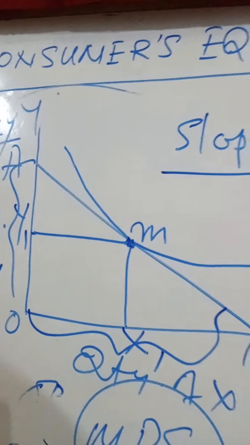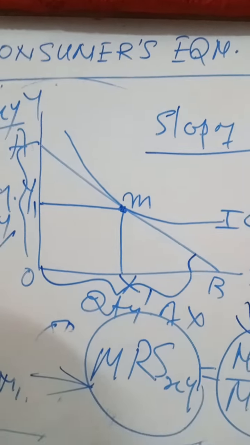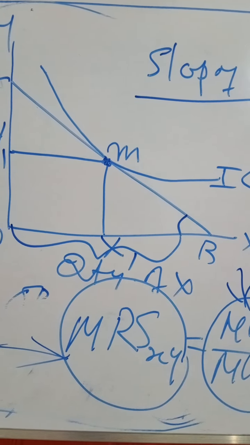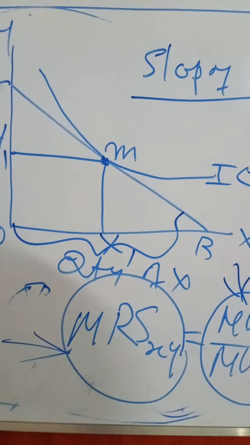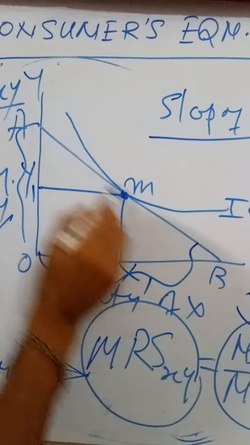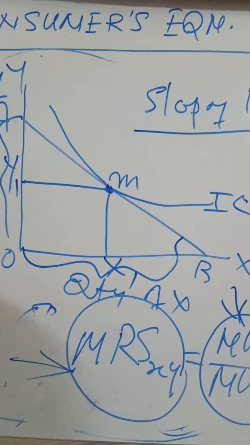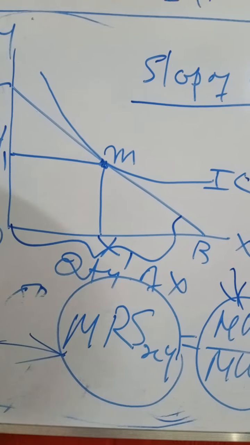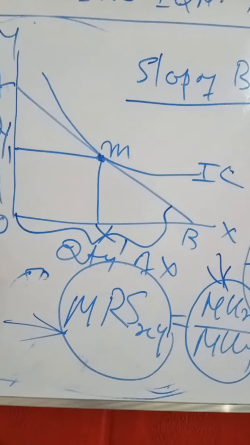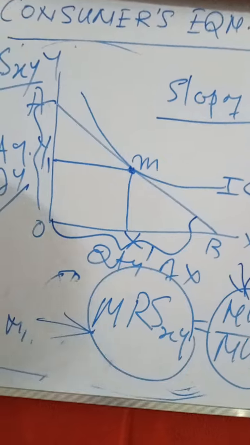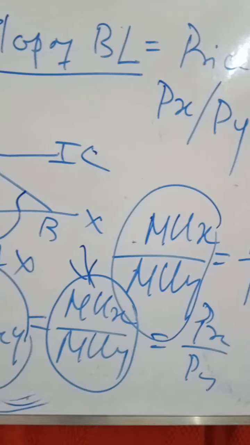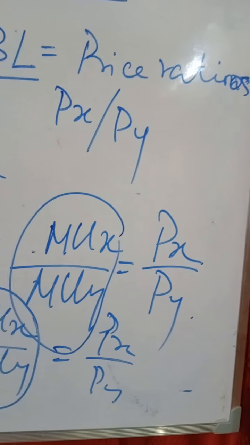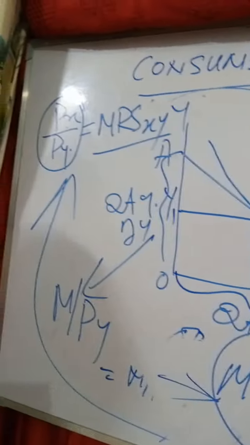It cannot be concave to the origin, and it is assumed that the consumer acts rationally. The consumer has a given level of money income, that is the budget line, and the prices of X and Y are given, and finally the two commodities are substitutable for one another. So I believe you have understood how consumers' equilibrium is reached through the indifference curve technique.